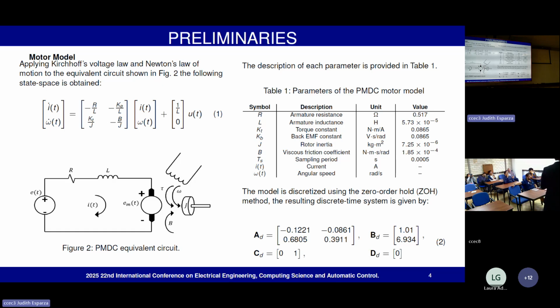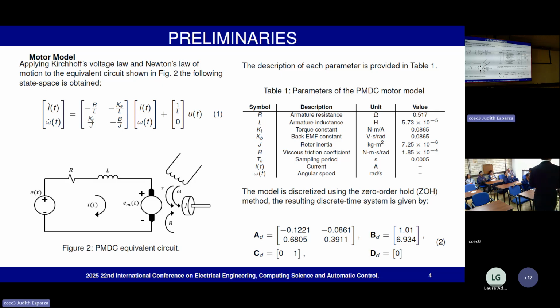The description of each parameter is provided in table 1. It is important to notice that those parameters were found by experimentation, so they have uncertainty. But we use those parameters to design a PID controller to compare it with our neural approach.